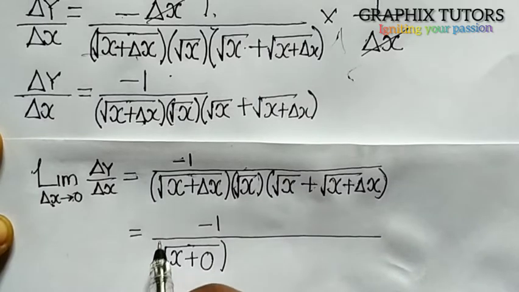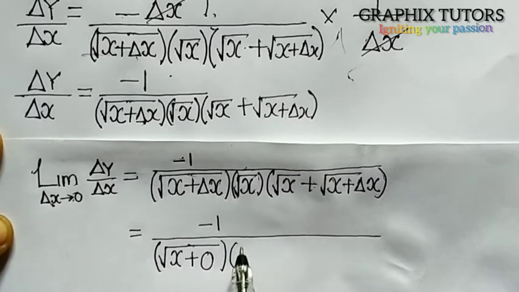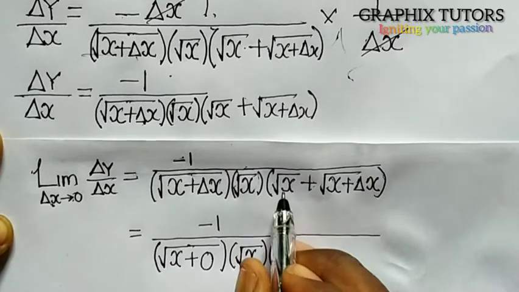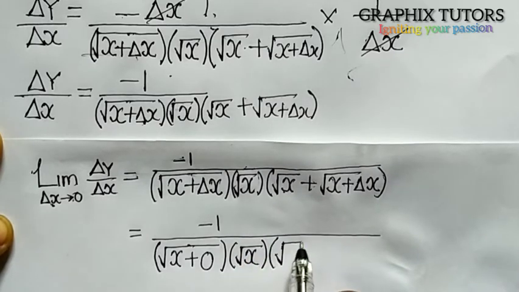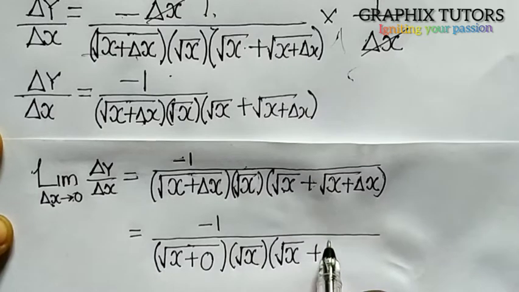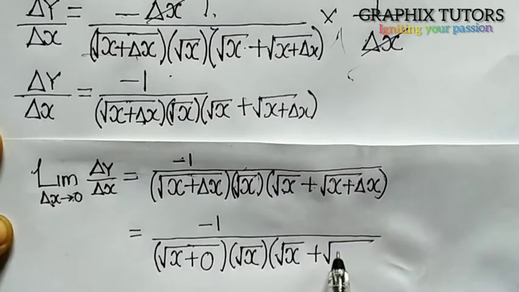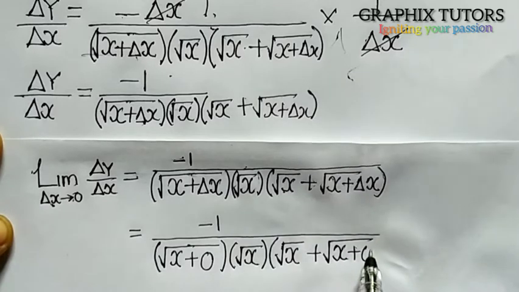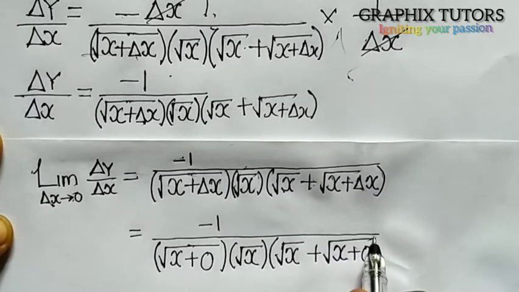Close the bracket. I'm having the root of x, right? Close the bracket here, then open this. I'm having root x plus the root of x plus 0, because delta x is tending to 0.